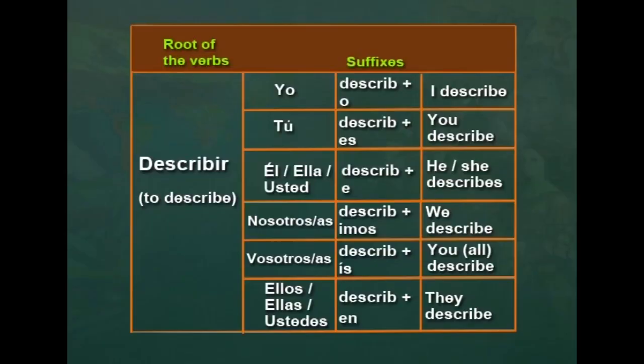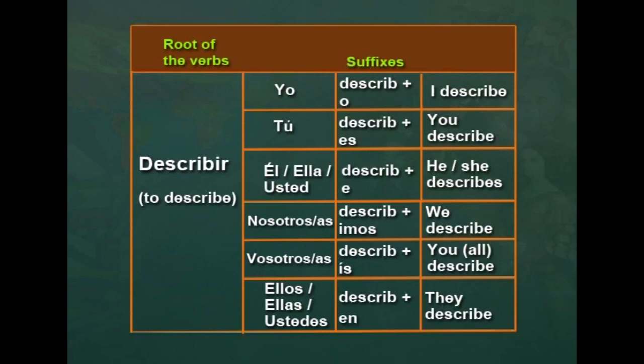Now, let's go on conjugating the verbs which we had. So, we will conjugate vivir. The verb has the ending IR and the stem is viv, V-I-V. Yo vivo, I live. Tú vives, él, ella vive.